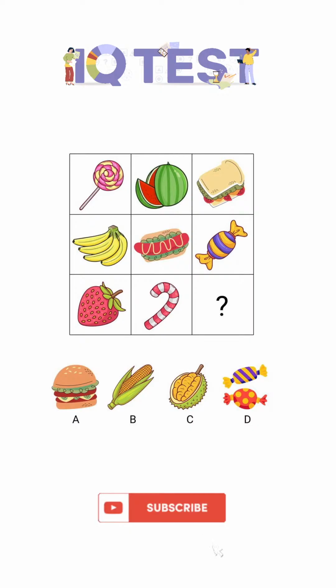So which pattern can you see and what is your answer? Is your answer A, hamburger, B, corn, C, jackfruit, or D, candy? What is your answer?